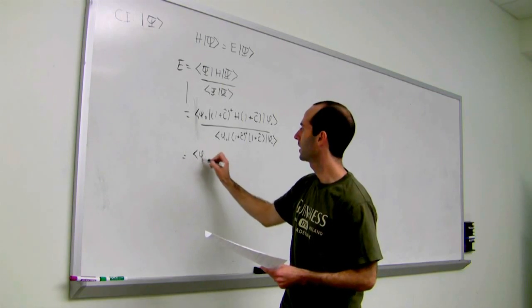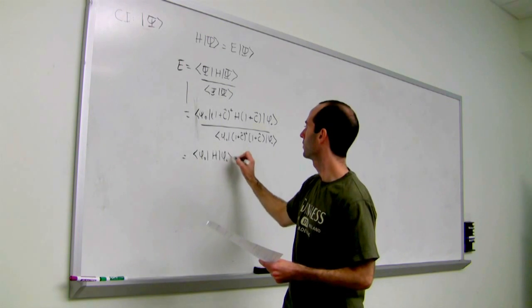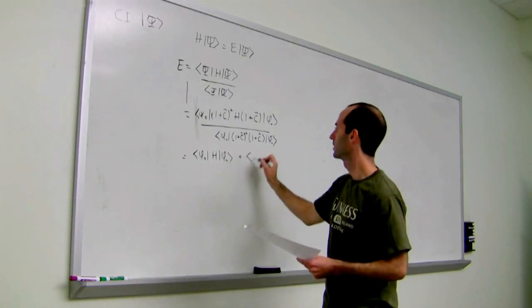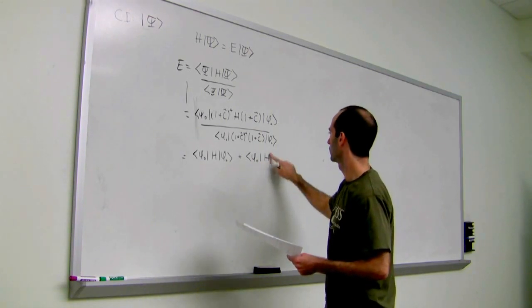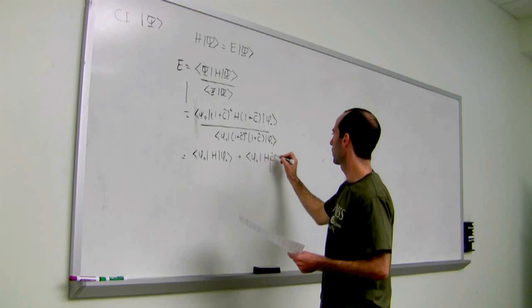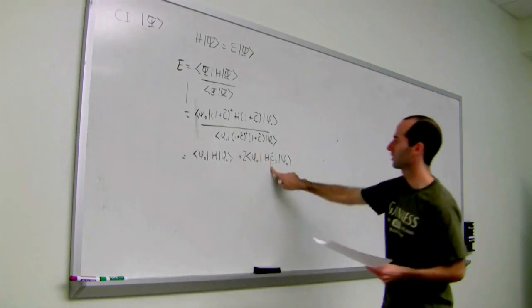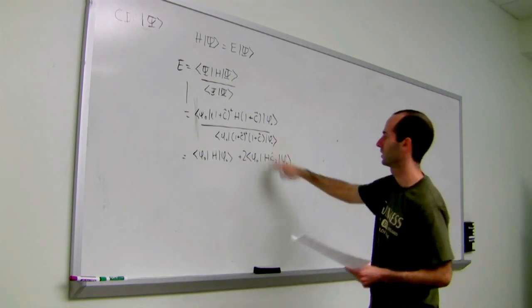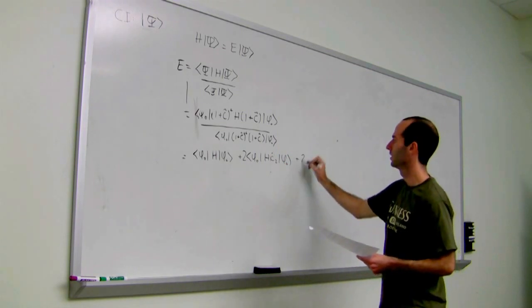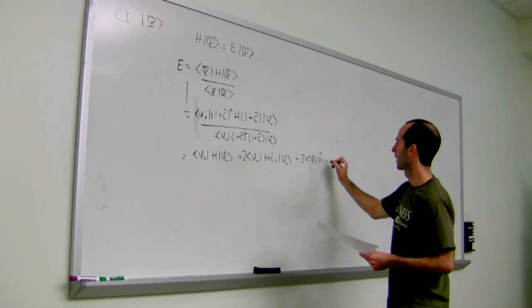We have psi 0 H psi 0 plus psi 0 H, the doubly excited part. And I'm going to put a 2 in front of this because this is Hermitian, and we're also going to have the term where we have C2 dagger on the side, but it gives you the same expressions, plus 2 times the reference interacting with singly excited functions.